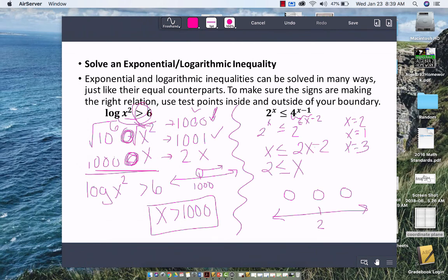When I plug 2 in my calculator on both sides for x, it works. We know it's going to work, so we're filling that circle in. We knew it was going to be an or equal to sign. Then I try my 1. My 1 does not work, and when I try 3, 3 does work. So I want to go my solutions towards my bigger numbers, and then I can erase whatever sign was there because clearly that's not part of my solution set.